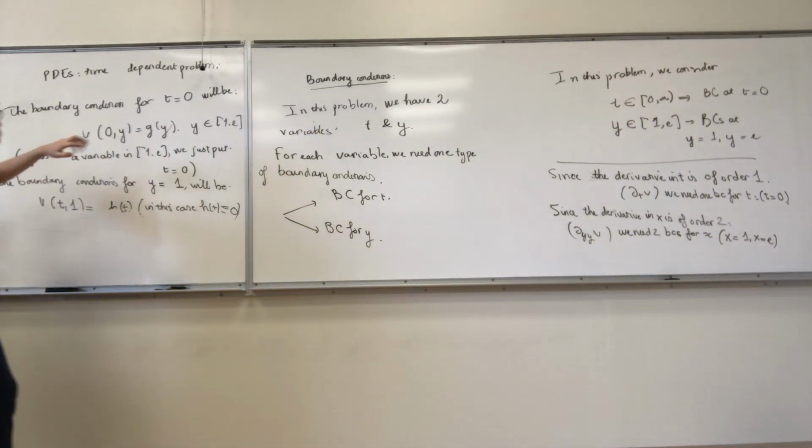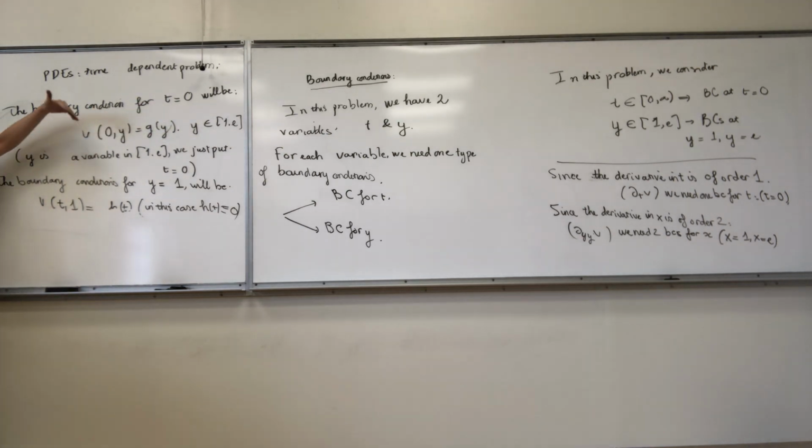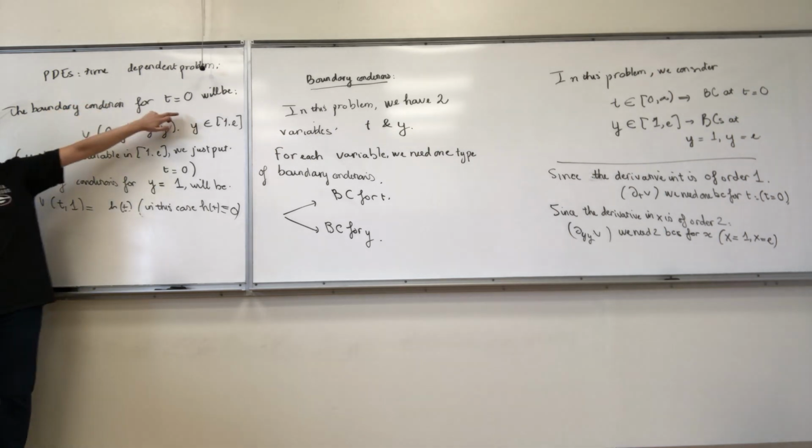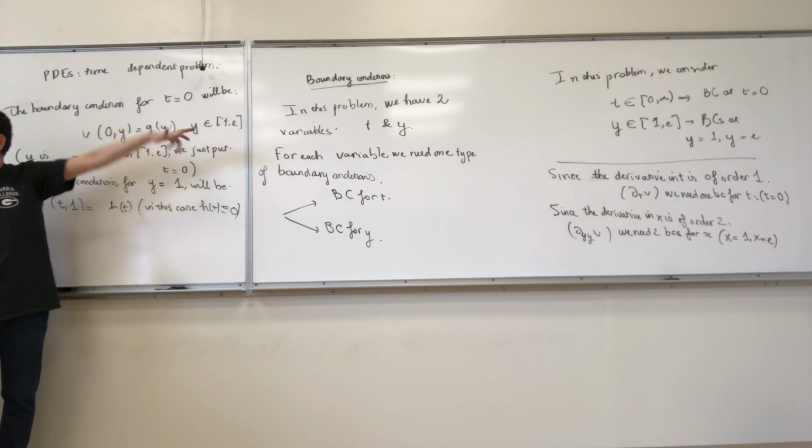So when t is 0, you set t to be 0 in the function v of t, y. This is going to be a function of y. This is why in the hypothesis you have g of y when y is going from 1 to e.